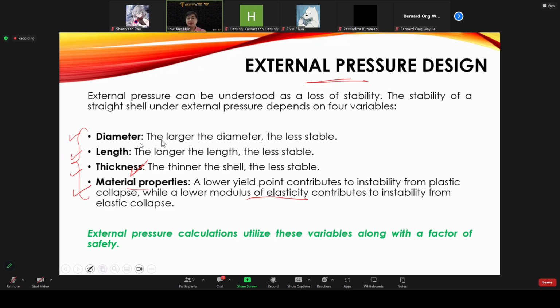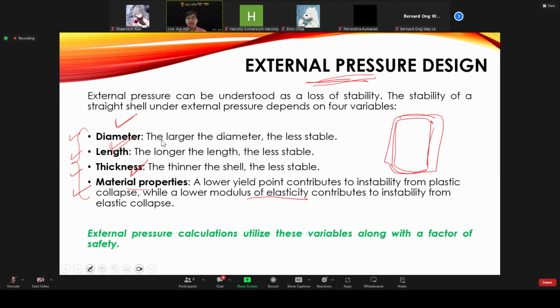Besides that, the diameter and also the length of the pressure vessel, we also need to consider. Why? Because the diameter and the length can also influence the strength or the rigidity of the pressure vessel that we are going to design to withstand the external pressure.